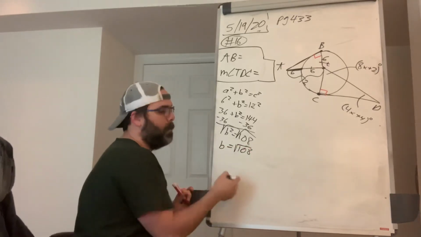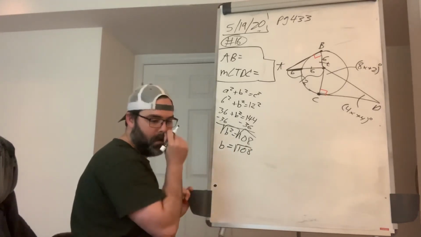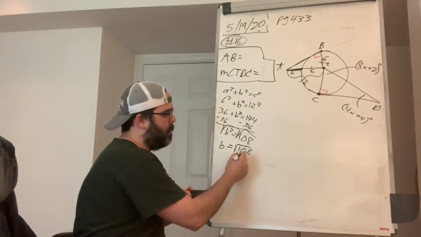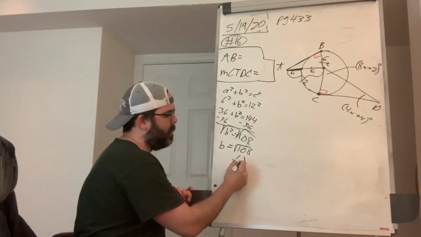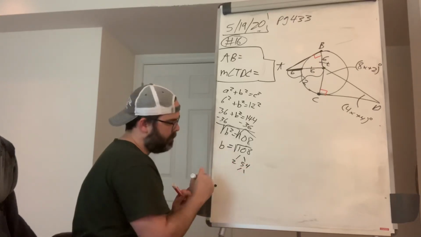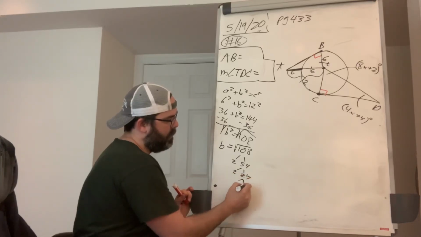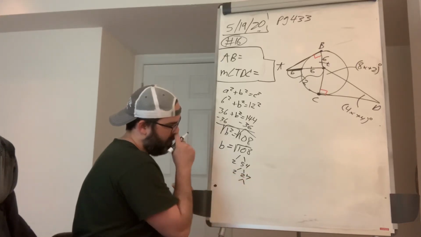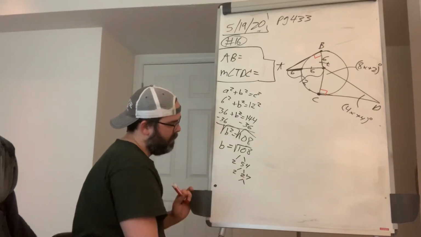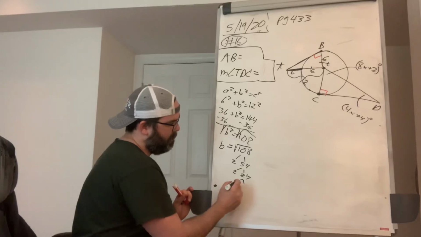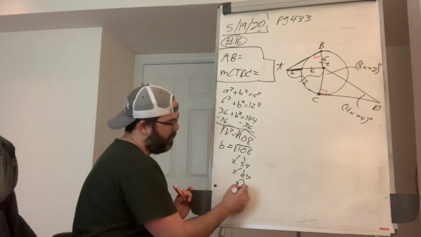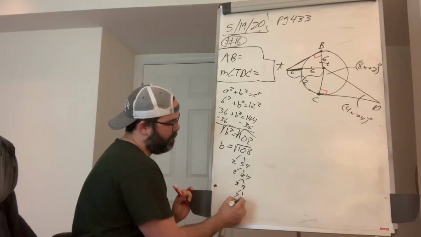And then we have to simplify 108 to its smallest terms. 108 is 2 times 54, which is 2 times 27, which is 3 times 9, which is 3 times 3.